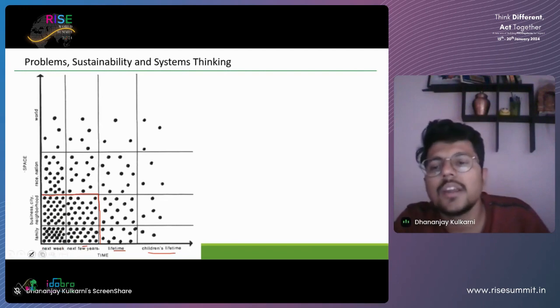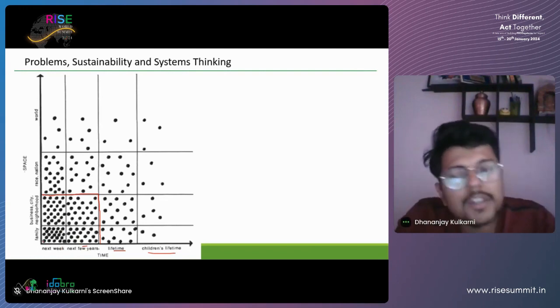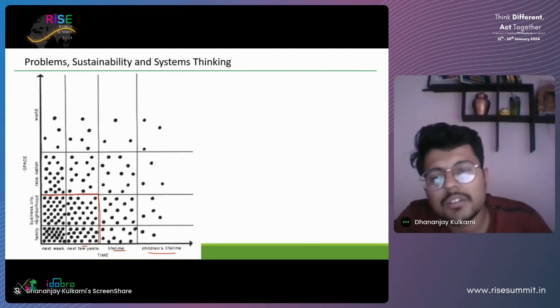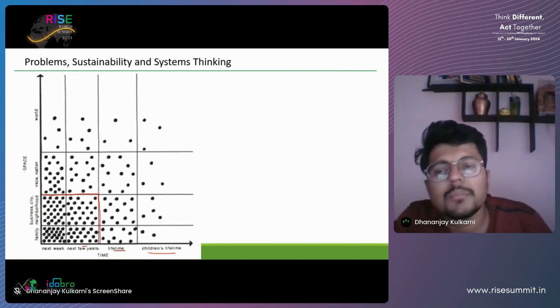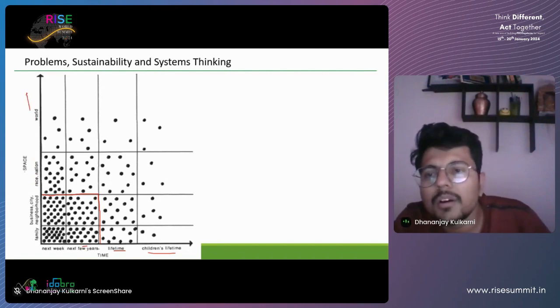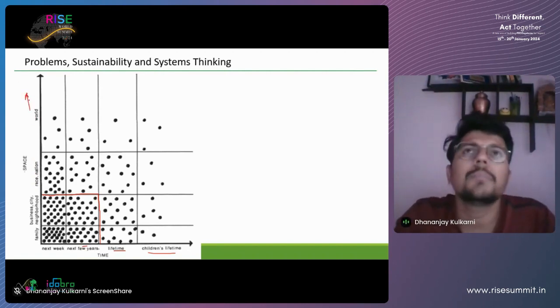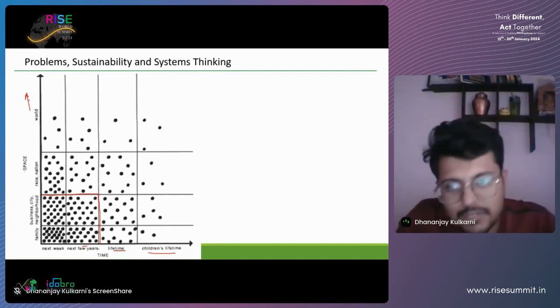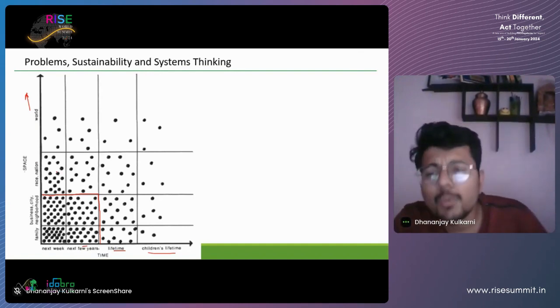And on the y-axis, it is space. Whoever is near to us, maybe family or our society, neighborhood, then maybe our race, nation, and then the world or the universe. We can go up to the people who are away from us in space. For most of us, our problems are bottom left.